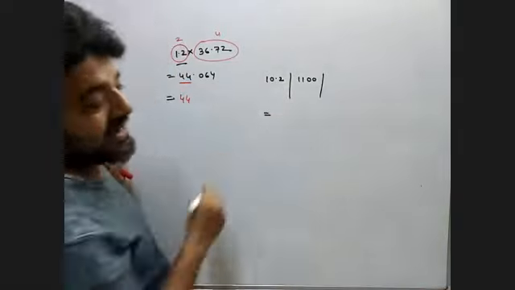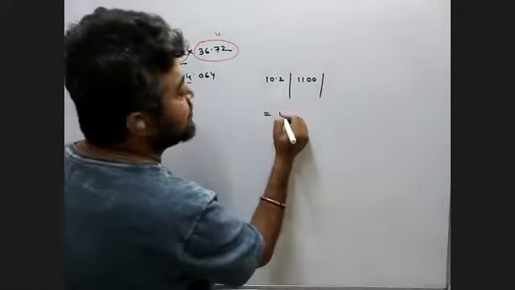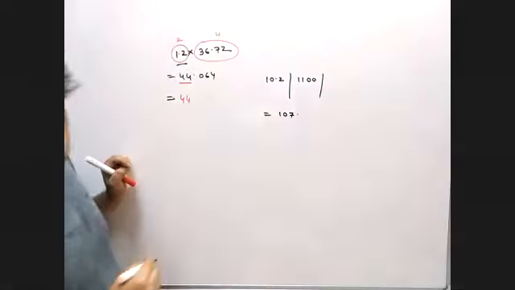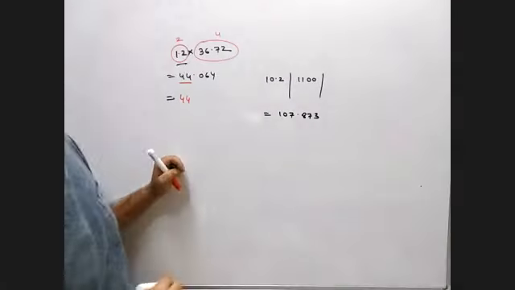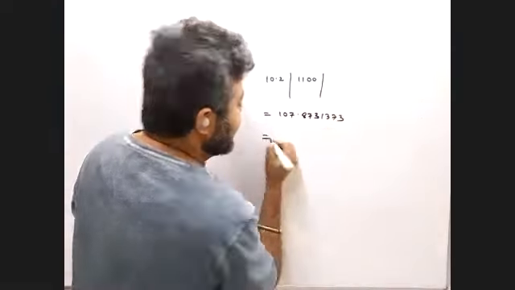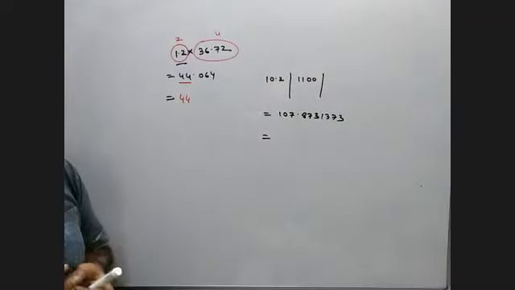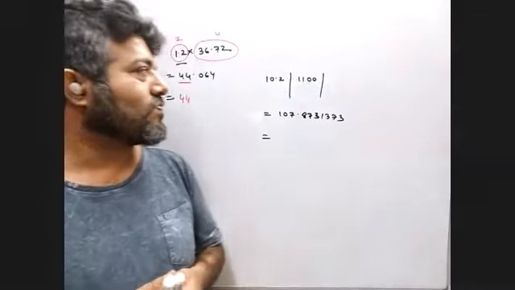So when you divide 10.2 by 1100, my answer is 107.8731373. Now tell me what is my answer. And this question was asked in an IIT exam. Tell me the answer. Sir, 108.